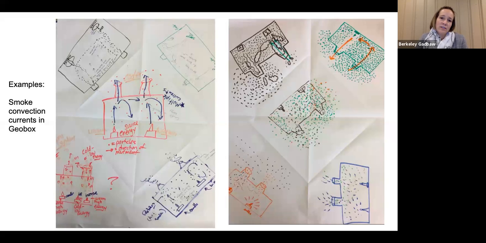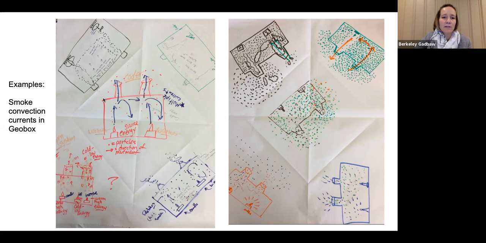And so as you can see in each corner, they were looking at having a candle in one corner and ice cubes in the other, and there was incense as well, so they could kind of visualize the movement of air. And then they were drawing their ideas of what was happening.